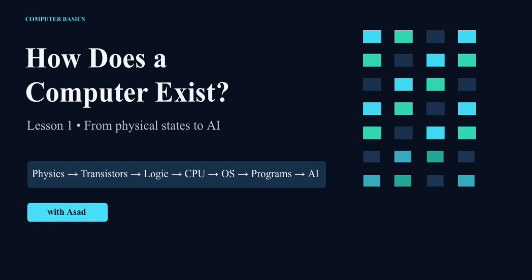Physical systems contain electrical noise, temperature variation, signal loss, or manufacturing imperfections. So it is much easier to distinguish between two broad conditions rather than 10 precise conditions.